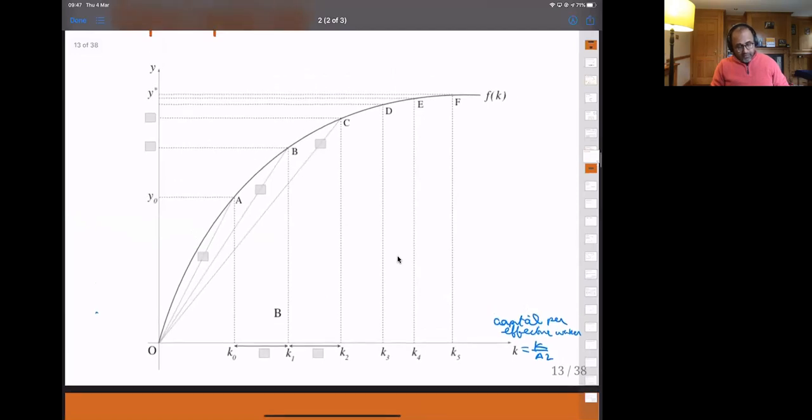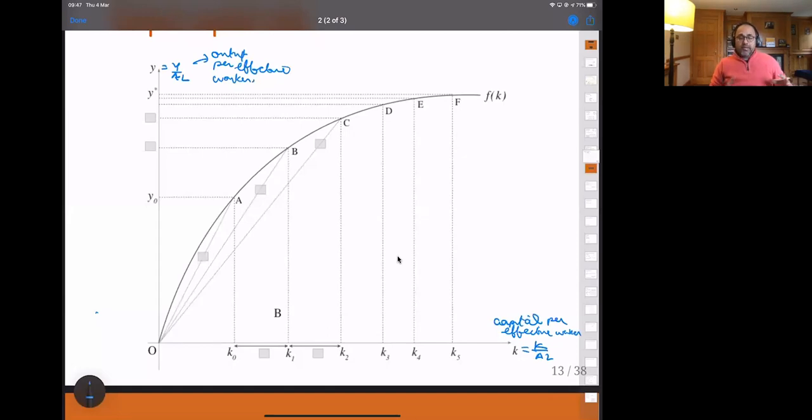And what we have on the vertical axis is small y equals Y over AL, so output per effective worker.